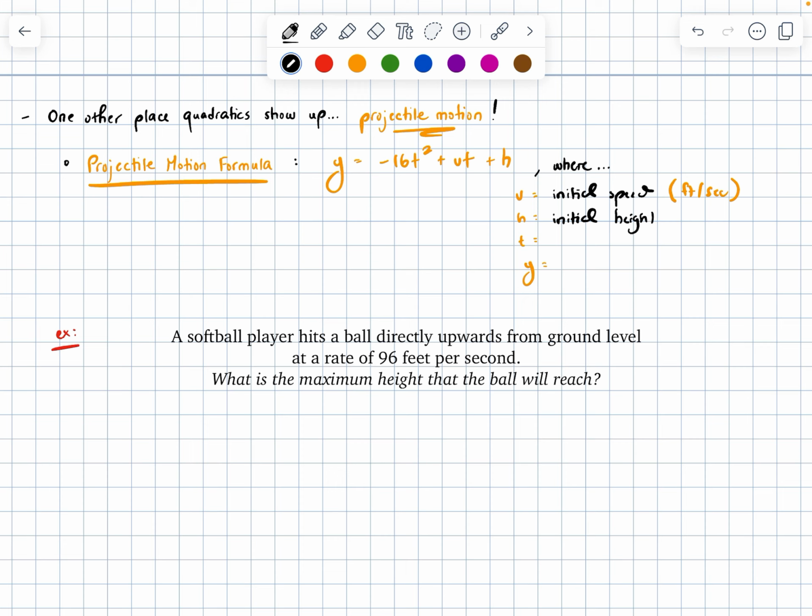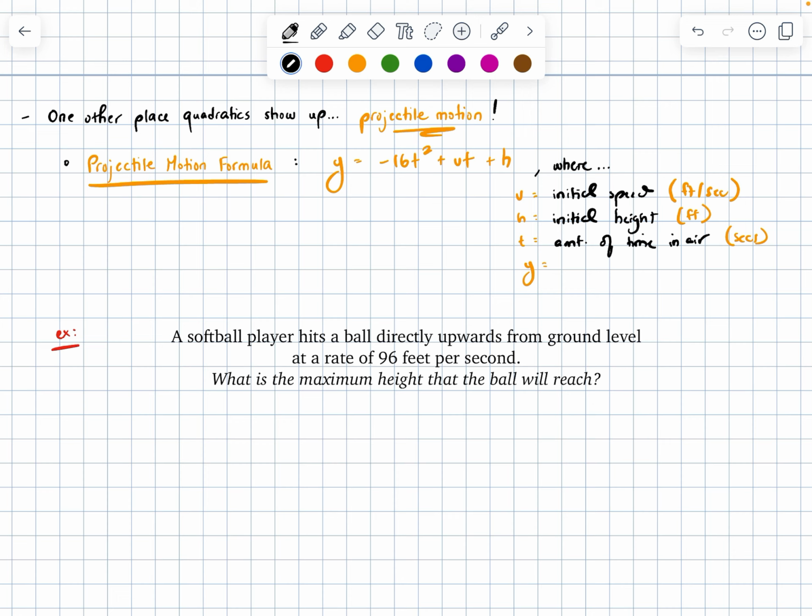H here, I also want to know how high I was initially launched from. So this guy h is my initial height, usually measured in feet. T is going to be a measure acting a lot like x for time. So we say that t is going to represent the amount of time that our object spends in the air, which we conventionally here measure in seconds.